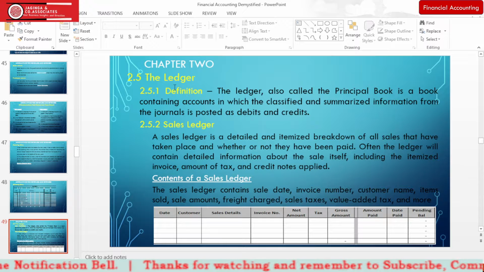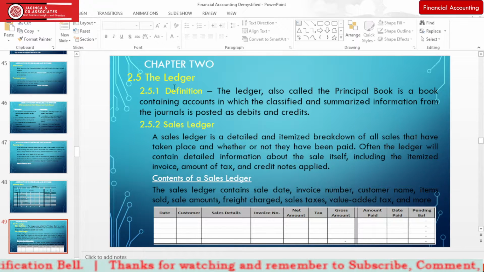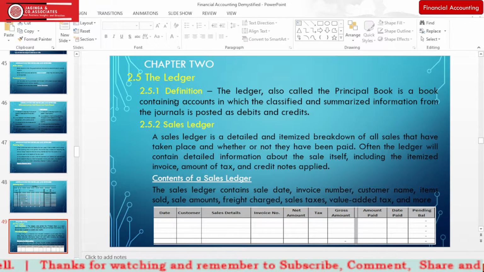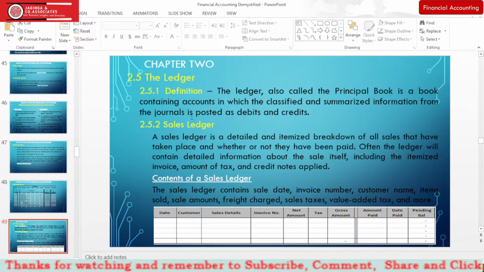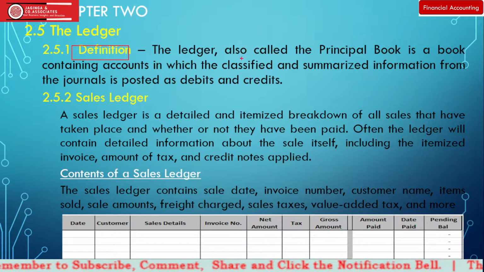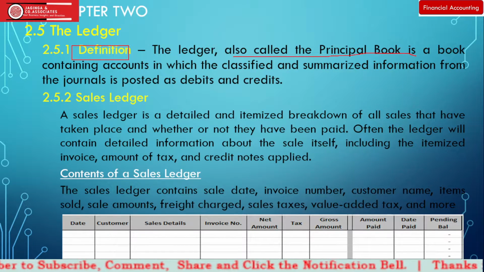So here we need to explain what is meant by a ledger, and then we need to talk about sales ledger as well. So we are saying here that the ledger is also called a principal book.